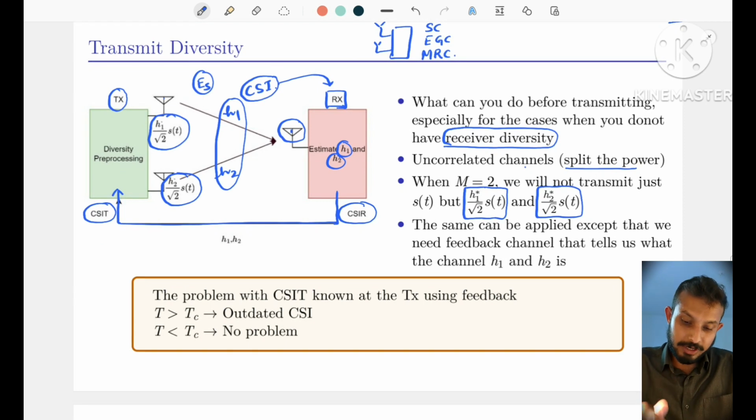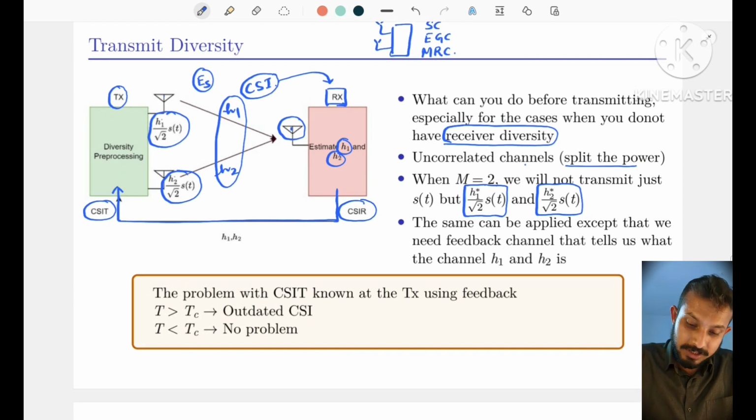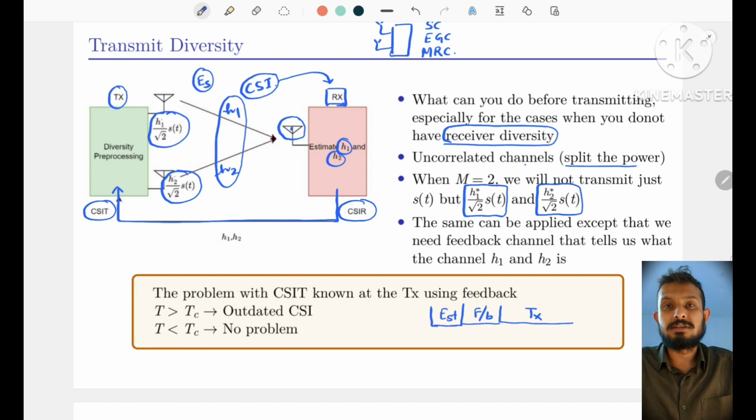So here we have two cases. First, we need to estimate the CSI. Once the CSI is estimated, we need to send a feedback to the transmitter, and then the transmitter will send the signal towards the receiver.